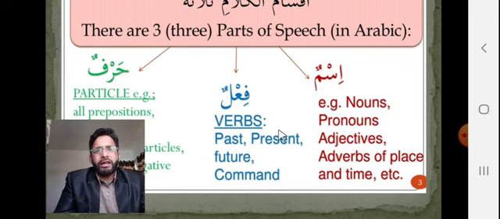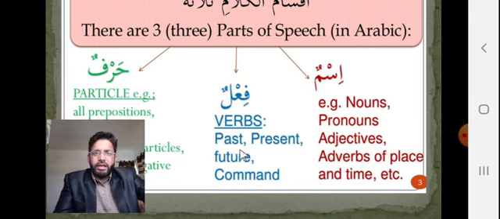The second type of Arabic word is فعل, and in English we call it verbs: past, present, and future. In fail category, there are three tenses: past, present, future. And command is also an imperative verb. In Arabic, fail is classified commonly in three categories.